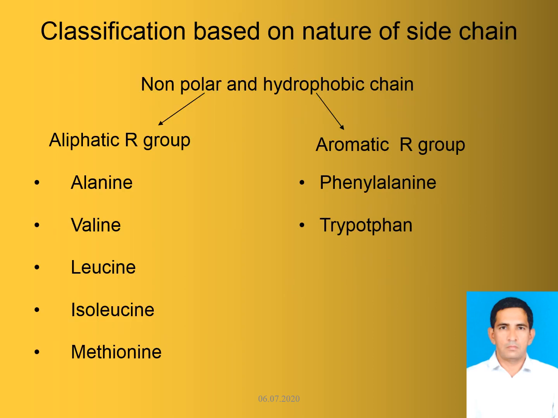Classification based on nature of side chain. Nonpolar and hydrophobic chain: aliphatic R group and aromatic R group. Aliphatic R group: alanine, valine, leucine, isoleucine, methionine. Aromatic R group: phenylalanine, tryptophan.